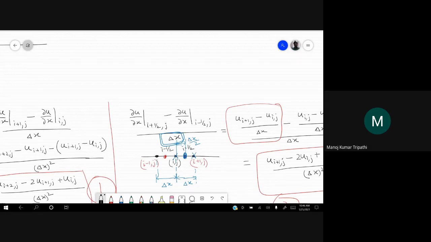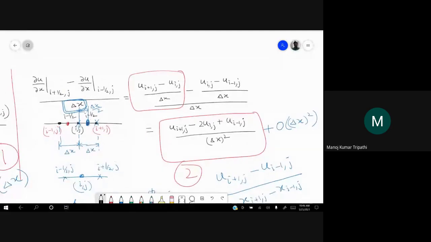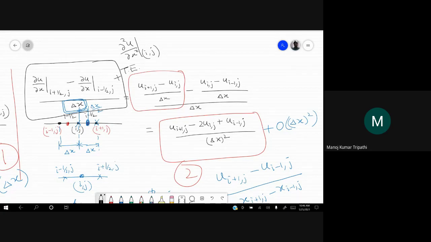The order of error for central difference we derived as second order, that was order delta x square. If you write the Taylor series expansion, I have written this as the expression for the second derivative of u with respect to x at ij, which is not correct. There should be plus some error, that is truncation error.